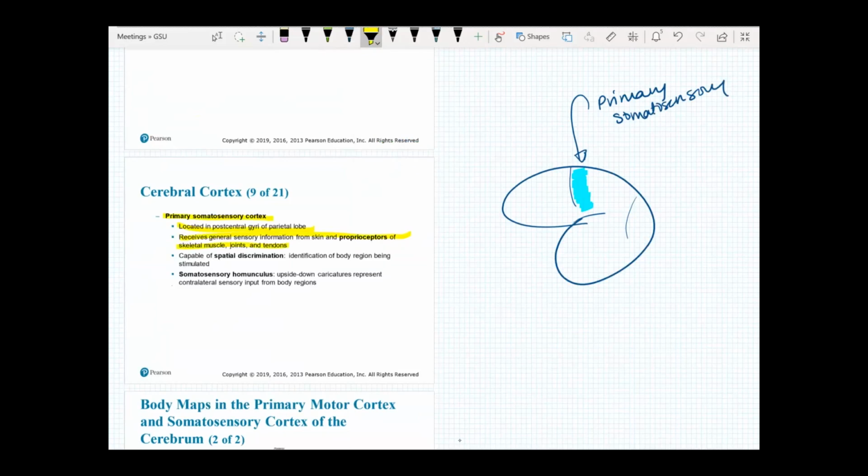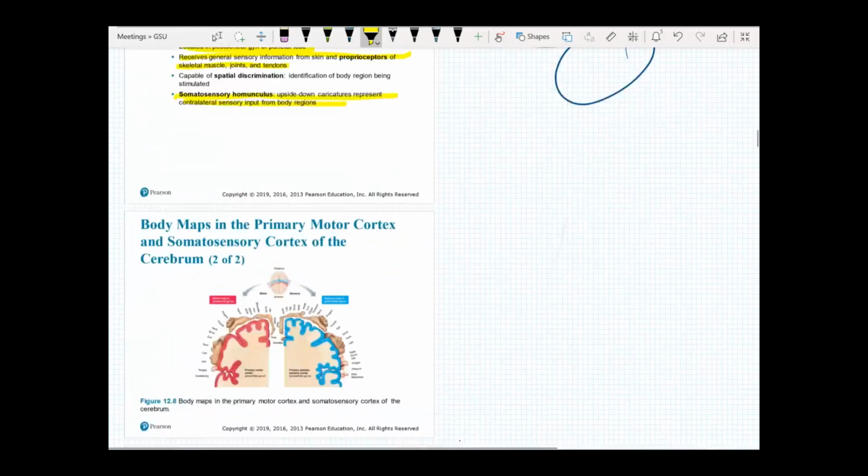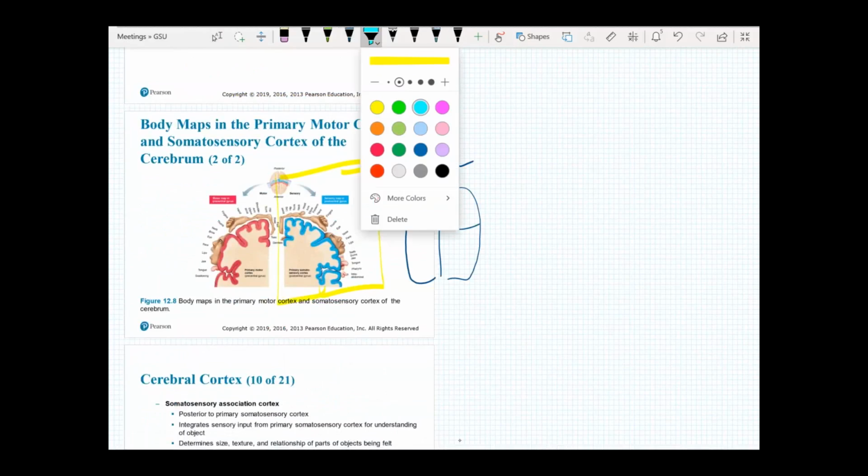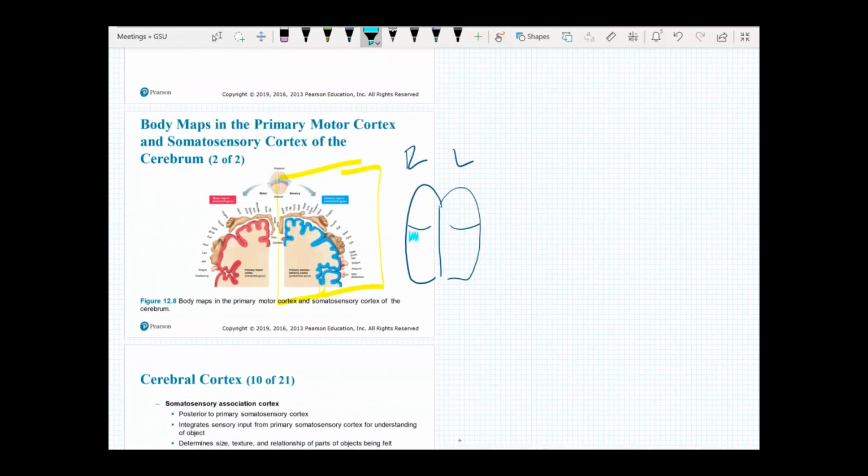There's also something called the somatosensory homunculus. So now we're going to have this guy. So the somatosensory homunculus is built the same way. There is going to be a right, this is my brain. Here's my central sulcus. The primary sensory cortex that has the homunculus is actually going to be the one that is behind.